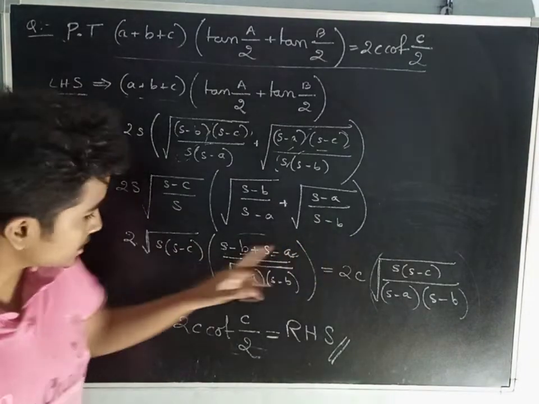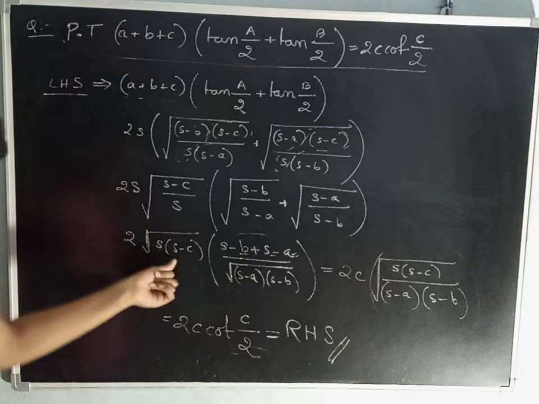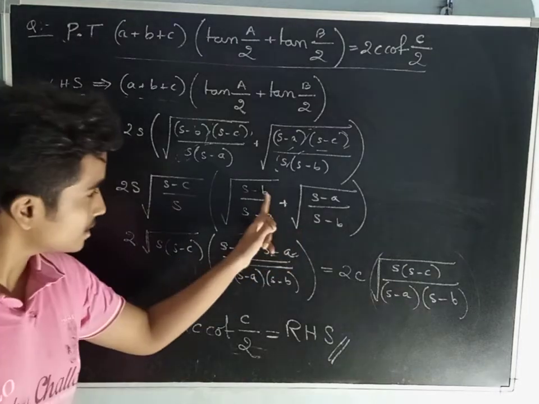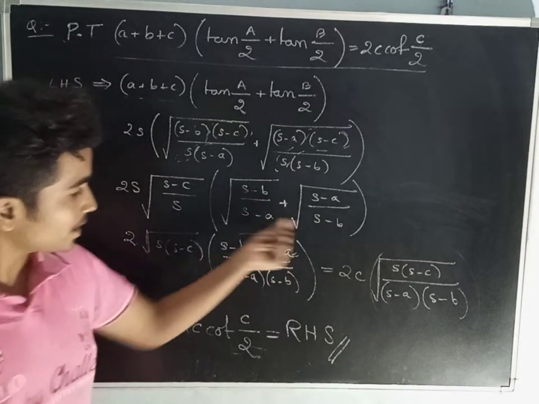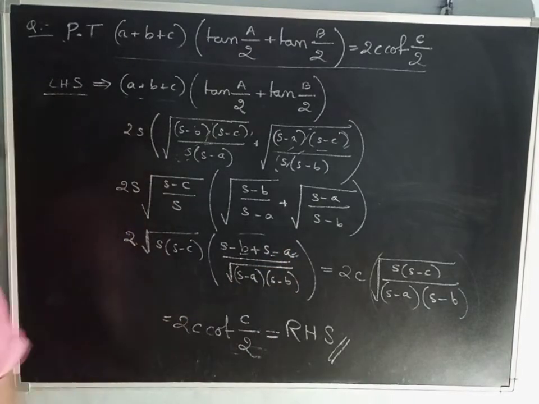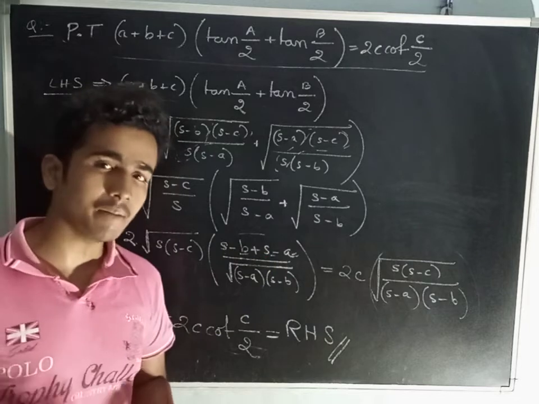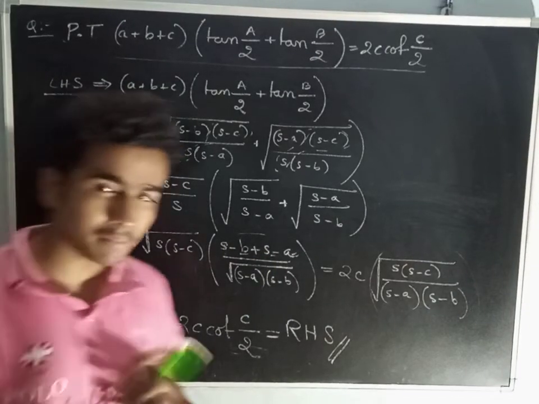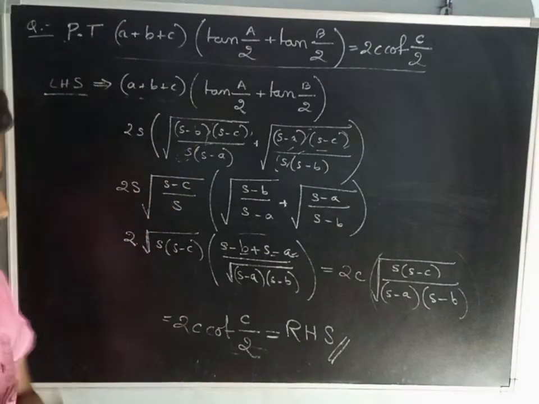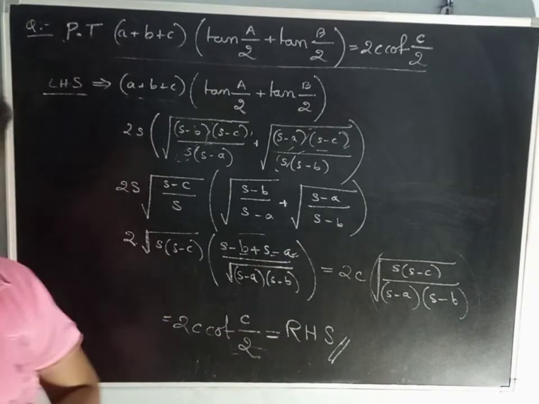In the next step, I have taken s inside the root and got 2 root s(s - c). I have taken the LCM and got (s - b) + (s - a) by root (s - a)(s - b). That is 2s minus a minus b. 2s is nothing but a + b + c, minus a minus b. a and b get cancelled, and we get c.